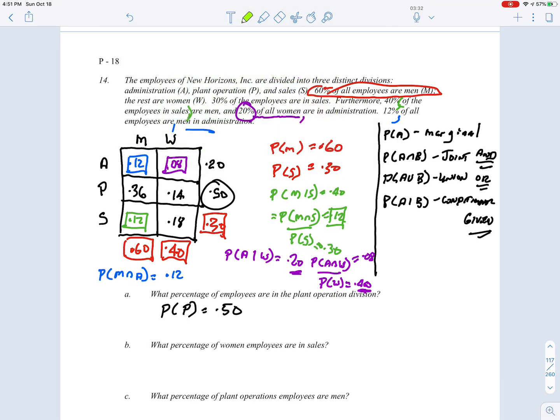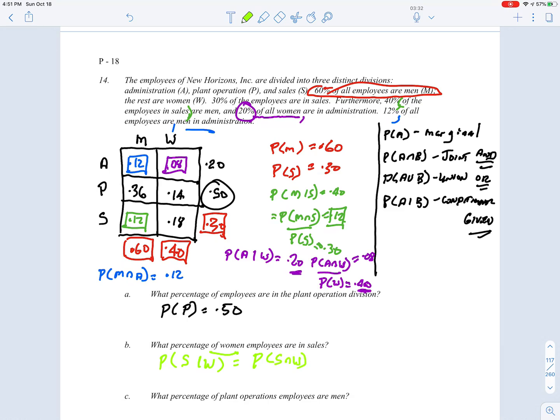What percentage of women... So again, here's that preposition. Of the women, what percentage are in sales? So that'd be, remember, you can't take that straight out of the table. You only have joint probabilities and marginals.